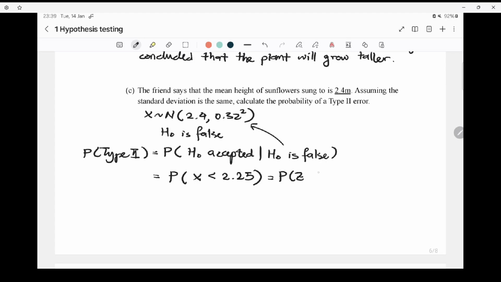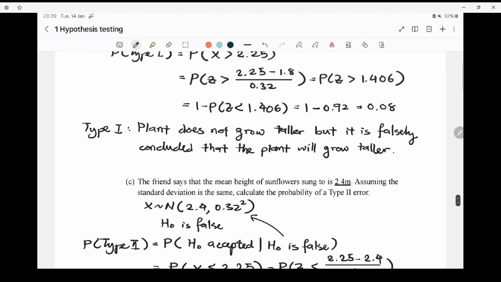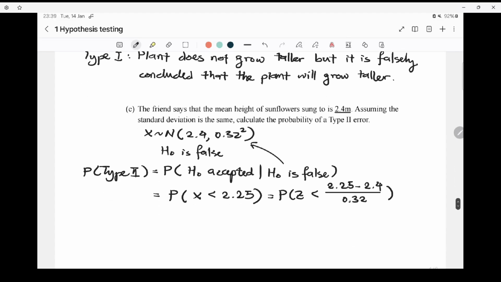So convert to Z score. This is 2.25 minus 2.4, which is your mean for this particular statistic. Sorry, there's no square root. It's just 0.32. Did I write the right thing? Yes.